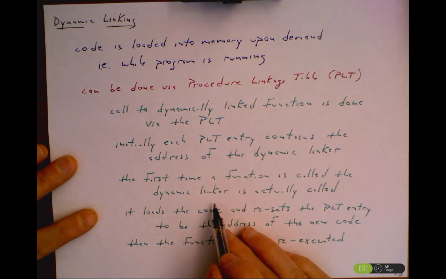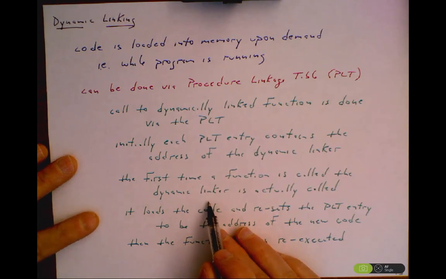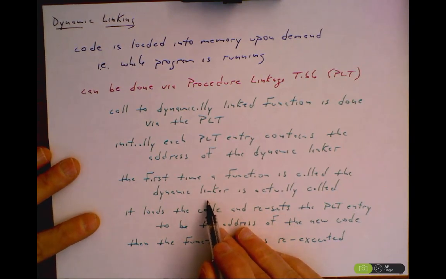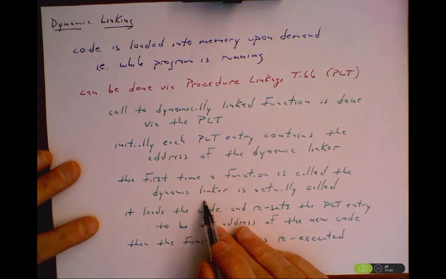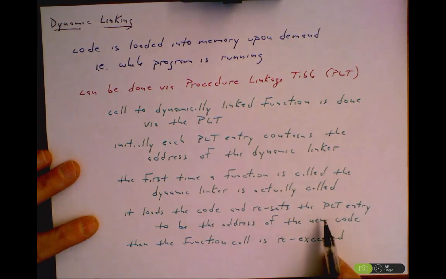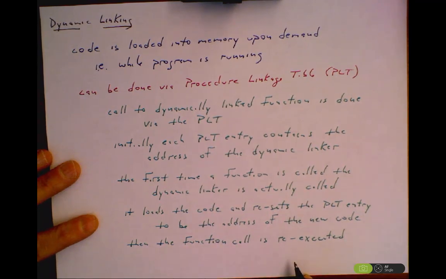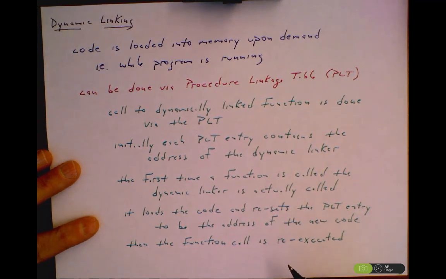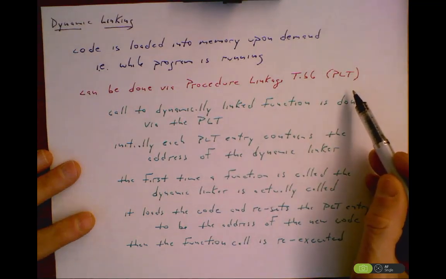The dynamic linker knows how to locate the function in a library, bring the code for that function into memory, do the linking operation like a static linker would, put the new address into the PLT entry, and then re-execute the function call. On subsequent calls, you go directly to the code that's been linked into memory.